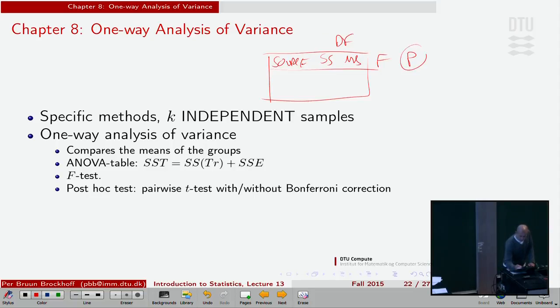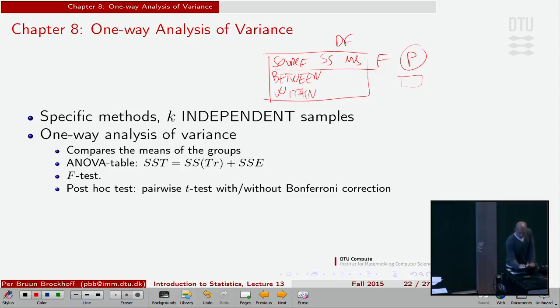We focus on the p-value first. That tells us whether we could actually distinguish between and within. That's also a way to talk about it. The between group, the between treatment variability, and the within treatment, within group variability.